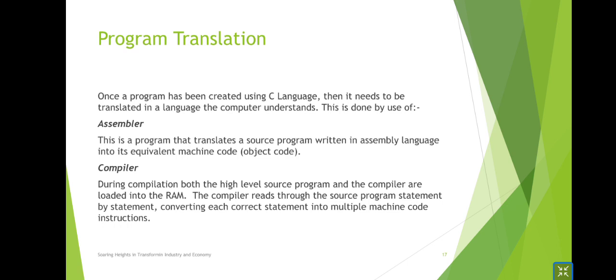So for you to make the computer understand this, you need to use translation software. And the translation software, there are quite a number, but we want to restrict ourselves to assembler, compiler, and an interpreter. Assembler was used with the assembly language.